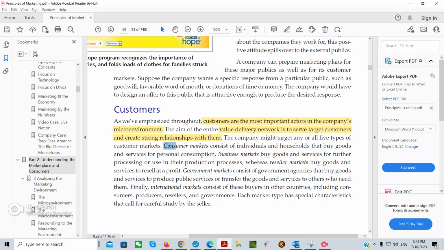Consumer markets consist of individuals and households that buy goods and services for personal consumption. Business markets buy goods and services for further processing and use in production processes.